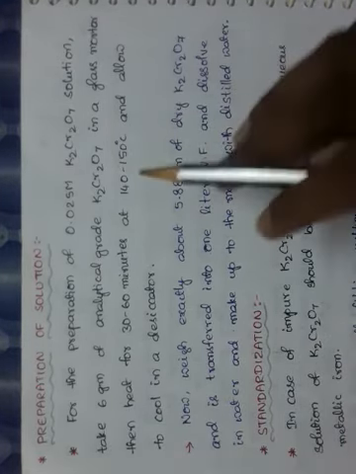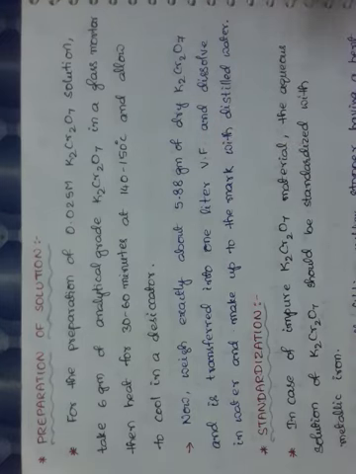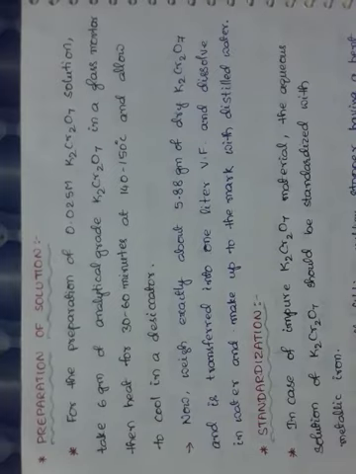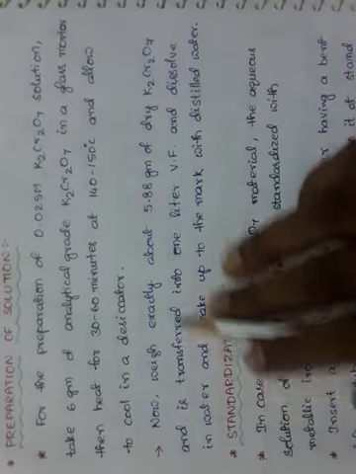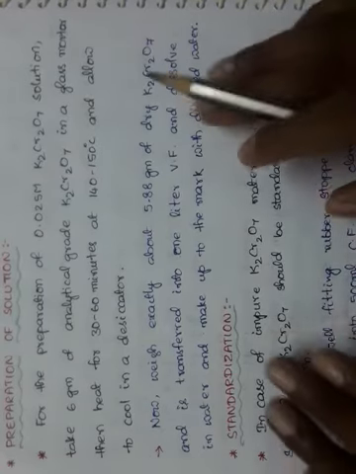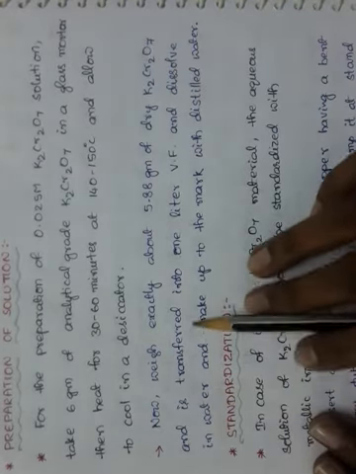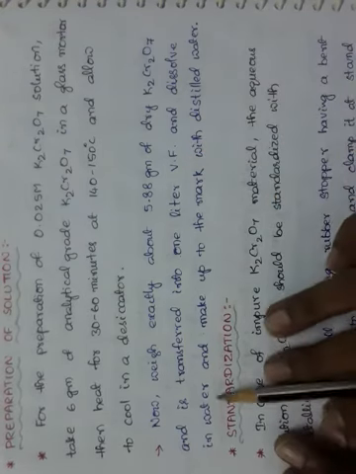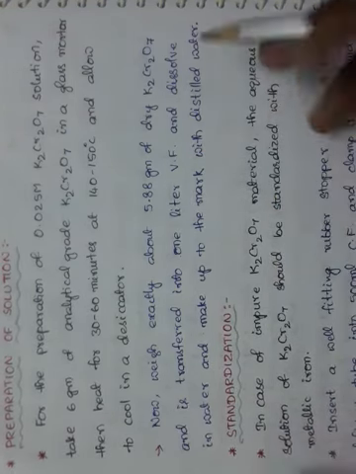So what happens here? If any moisture content is there, it will be evaporated out, that is anhydrous. Next, weigh exactly 5.88 gram of dry potassium dichromate, transfer it into a 1 liter volumetric flask, dissolve in water and make up to the mark with distilled water.